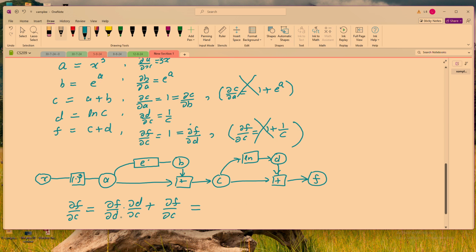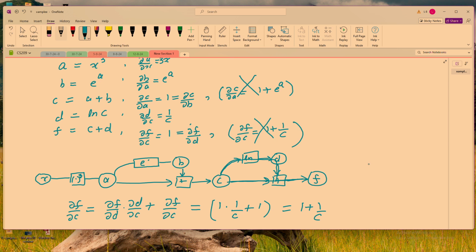If I substitute this, df over dd is 1, dd over dc is 1 over c, plus df over dc is 1. So this is 1 plus 1 over c, because you're reading this backwards here, plus a backward here, because there are two paths reaching C. Everybody okay?